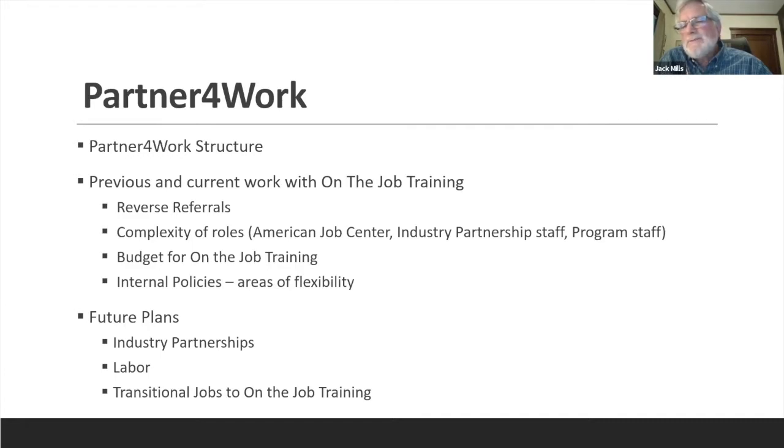We have an employer that's part of an industry partnership, or one that we work with on employing people who have criminal justice backgrounds.